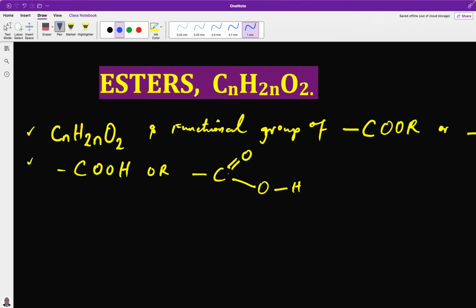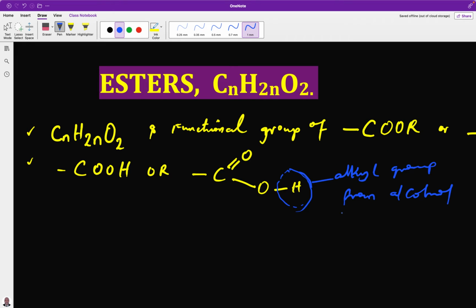Here, once the hydrogen atom attached to the carboxylic acid group is substituted by an alkyl group from an alcohol, it gives us an ester.